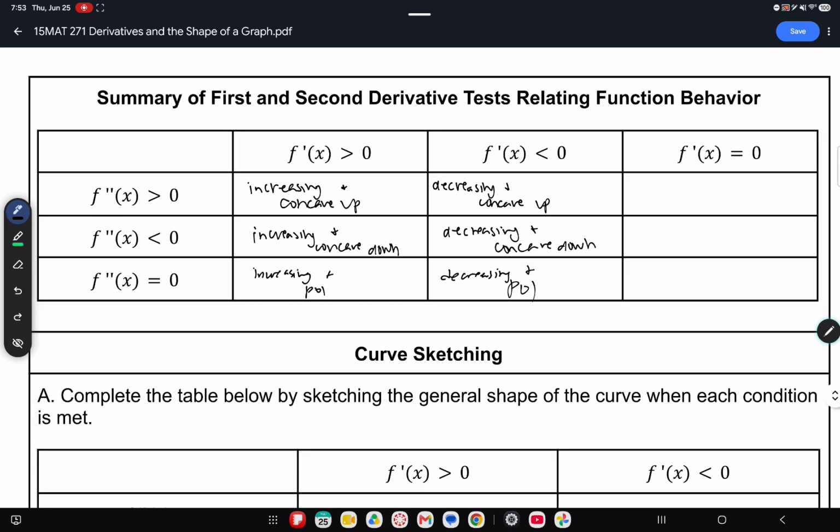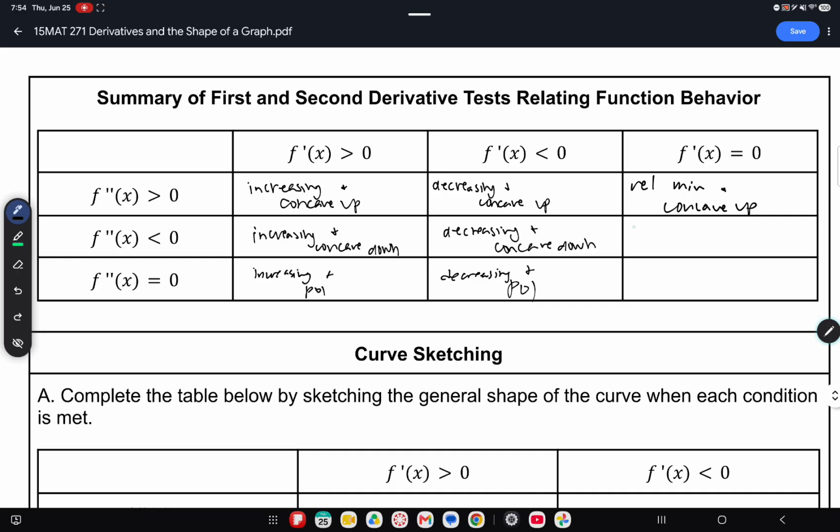All right, so what if we have a critical point in the first derivative and what's happening on the second derivative? So we have a critical point, and the second derivative is positive, we have a relative minimum and we're concave up.